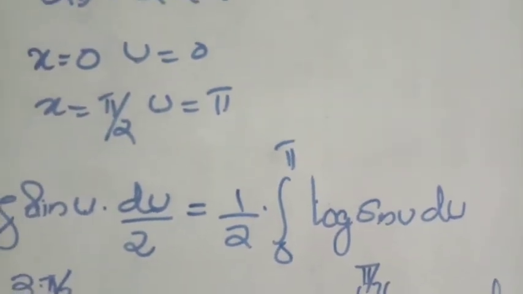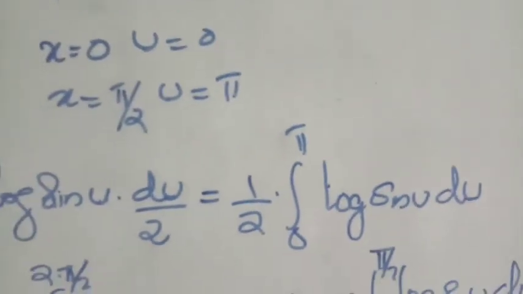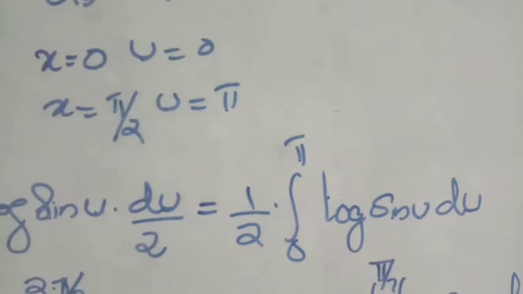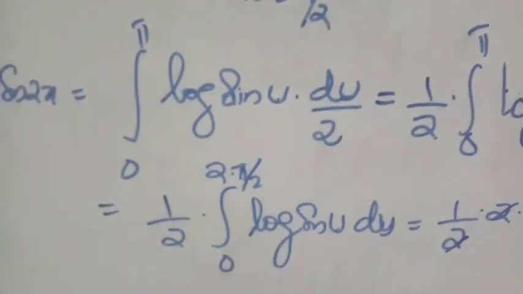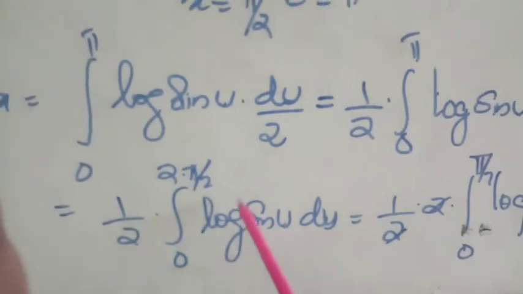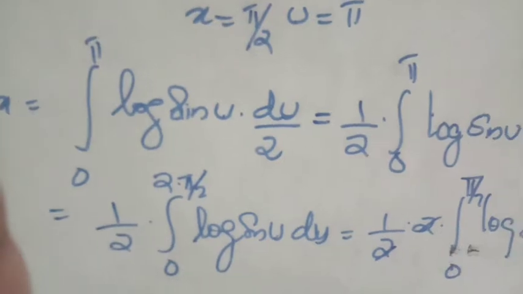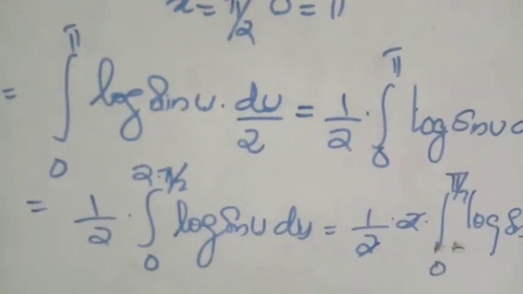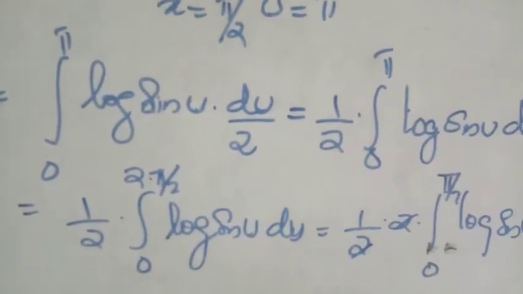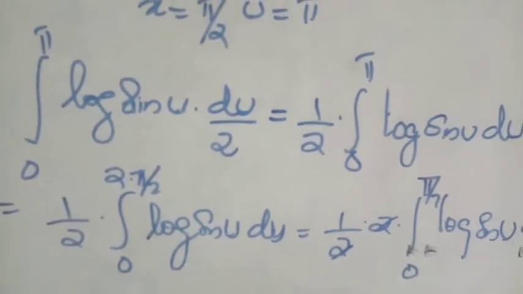Here we will apply the limit formulas we studied from time to time. Here see the limit, 0 to pi, and pi is 2 into pi by 2. Let us write this as half into half integral 0 to 2 into pi by 2 log of sin u du. Why? Because we have a standard result: integral 0 to 2a f of x dx is equal to 2 into integral 0 to a, so we can split the limit.